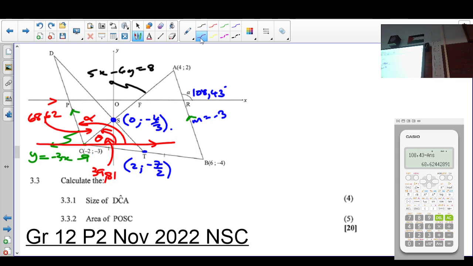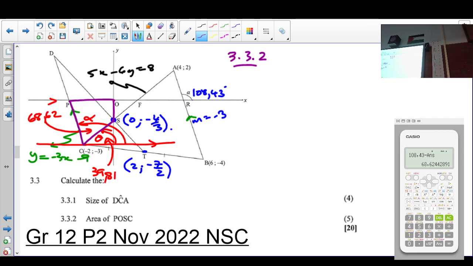It says calculate the area of POSC. So what type of shape is that? Could be many. Not a trapezium because the lines are not parallel.